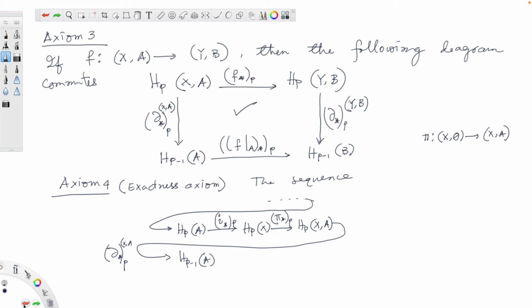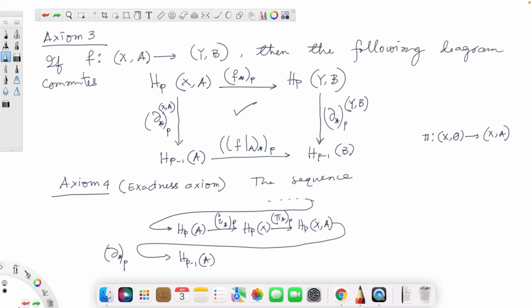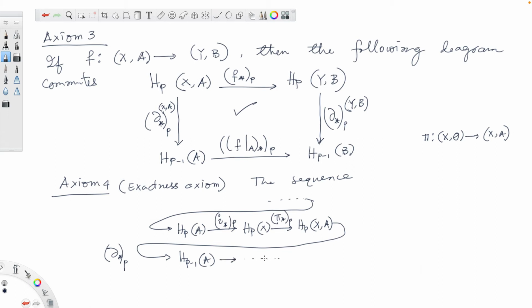We don't need to mention X comma A here because we are just working with one pair, X comma A, and then it goes on like that on the right forever. This is a long exact homology sequence.